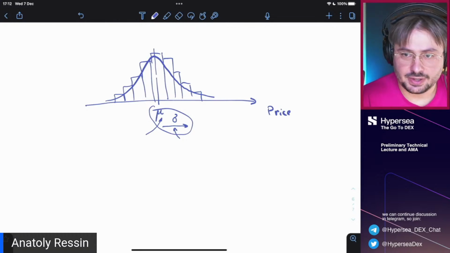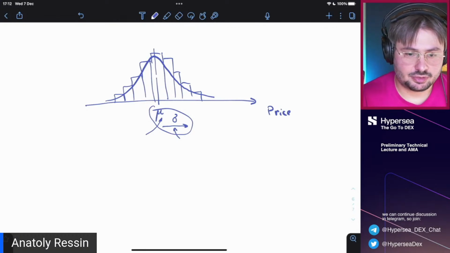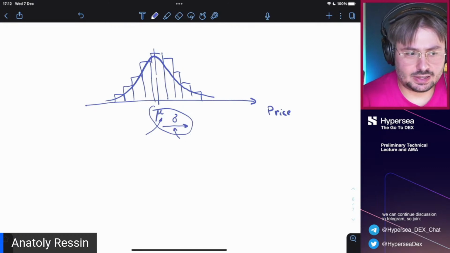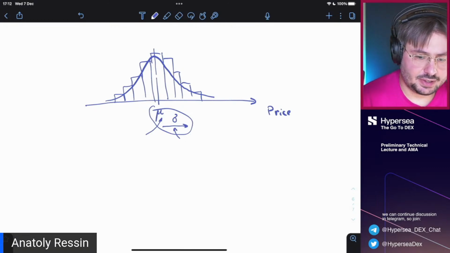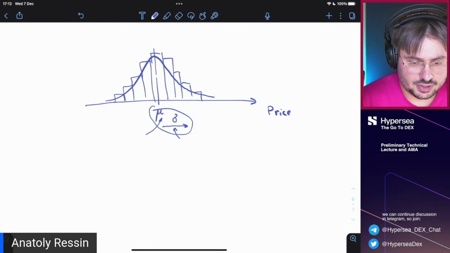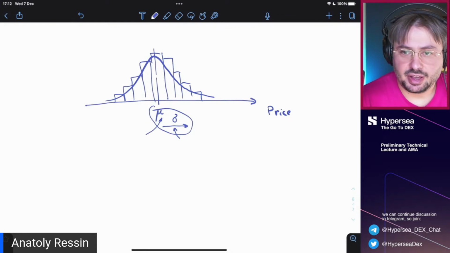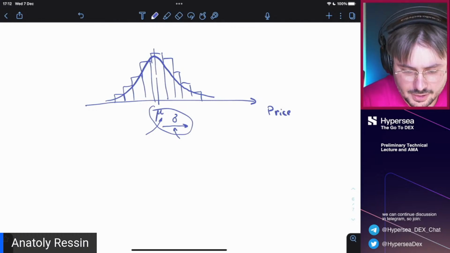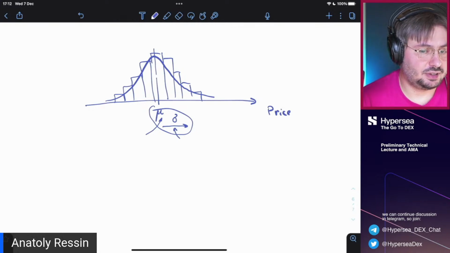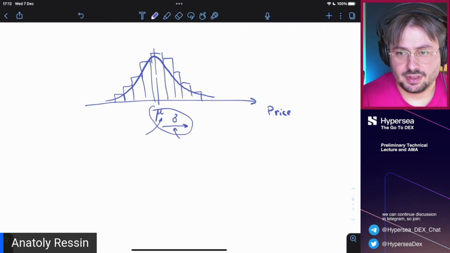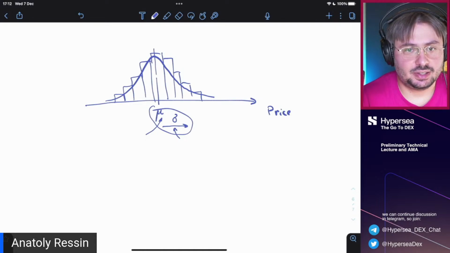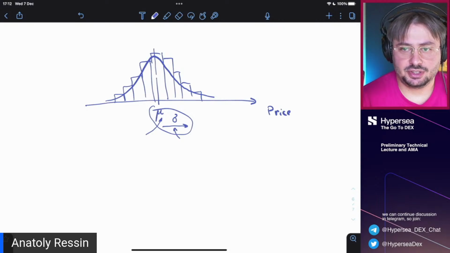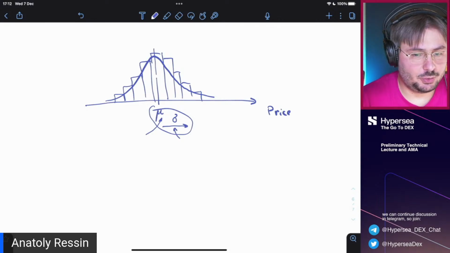Because Uniswap version 3, or every version of Uniswap, works only because it is being arbitraged. Uniswap is kind of blind, and it knows that the price is changing only when users are trading.